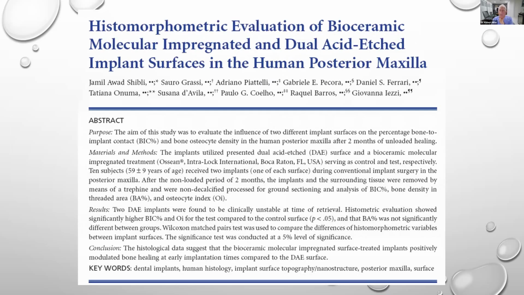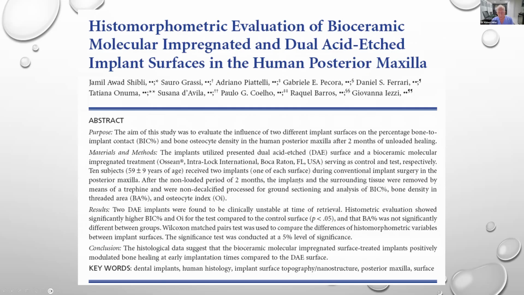You want to see what it looks like in a human trial? This is one of the few human trials you'll ever see that really tests the clinical efficacy of calcium. One of these authors is Adriano Piatelli, editor-in-chief of the European Academy of Osseointegration newsletter.